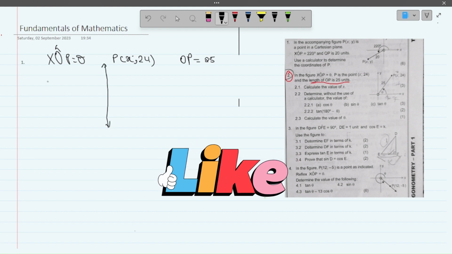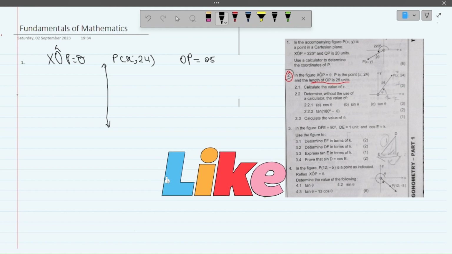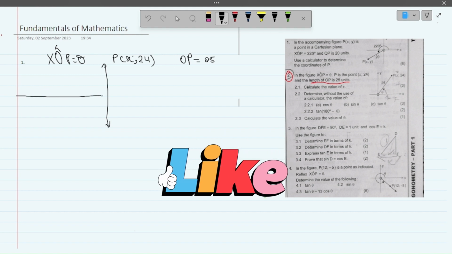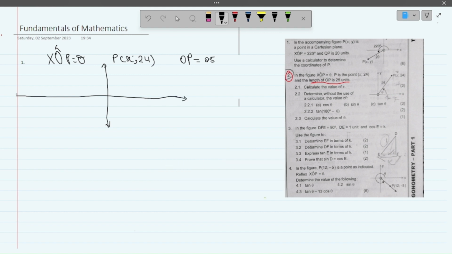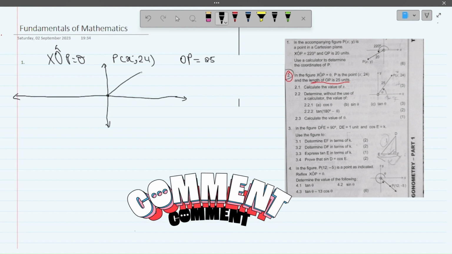Okay, so this is our line OP, and it says OP has angle theta here.